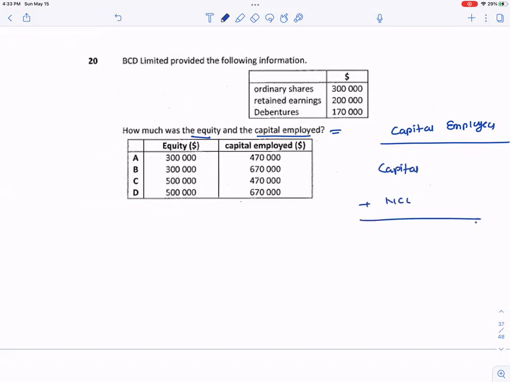But in a limited company, what is capital? Shareholders capital. Shareholders funds. So give the value of equity and give the value of capital employed.